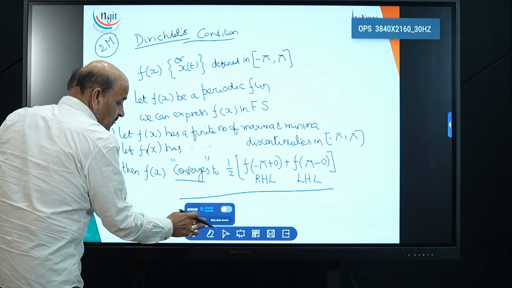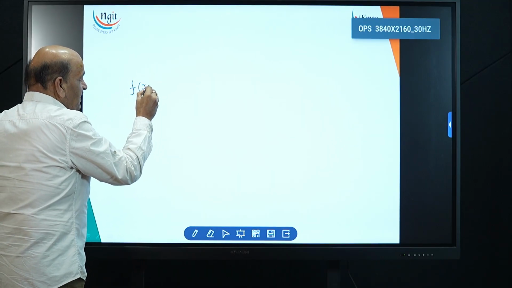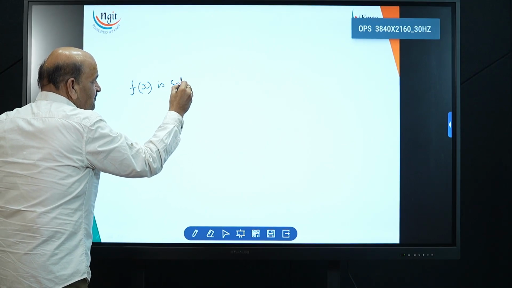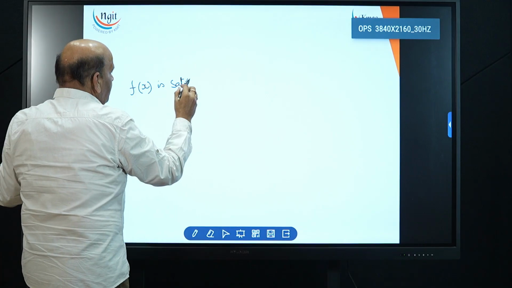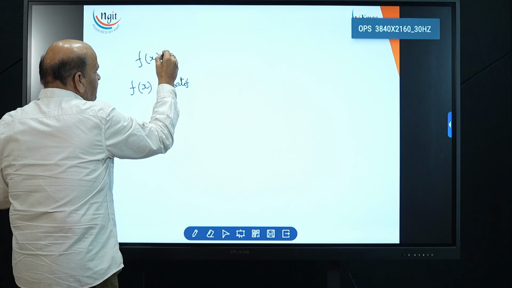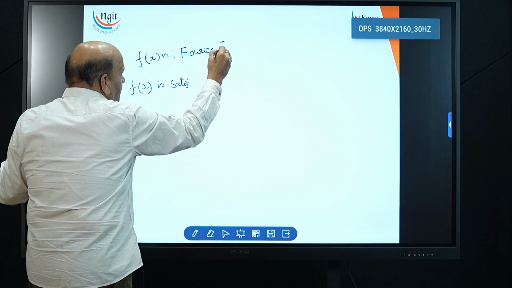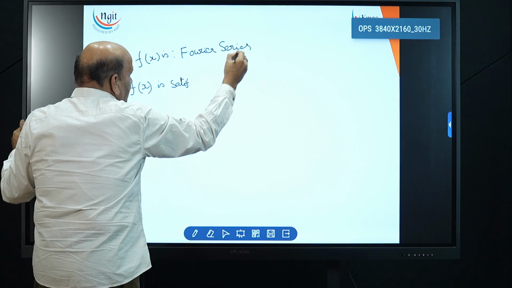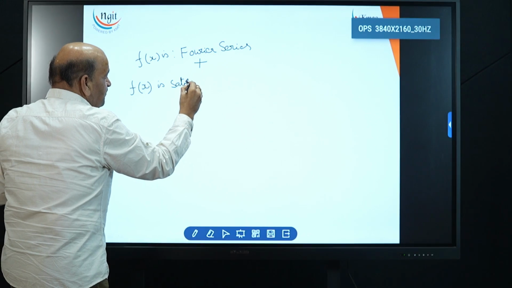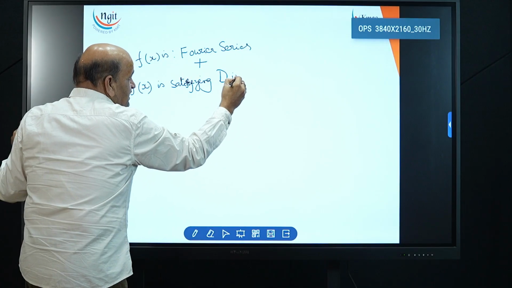Now just look at this. A function or signal f of x is expressed in terms of Fourier series, plus satisfying Dirichlet's condition.